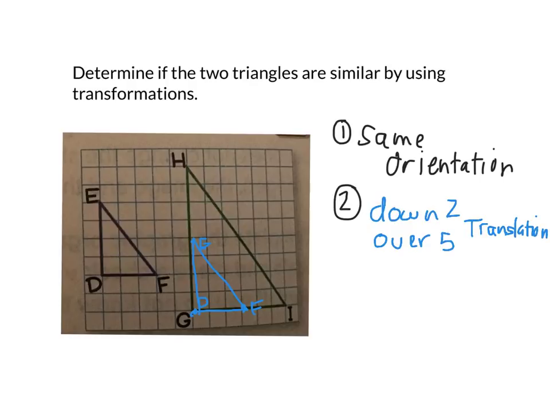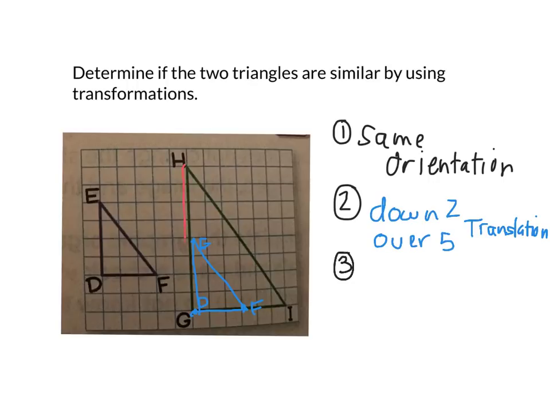My very last step then is to find, did I dilate this smaller triangle? Did I stretch it and keep a ratio, or stretch it by a similar scale factor? So again, I'm looking at corresponding sides. The sides that are overlaid are my corresponding sides.